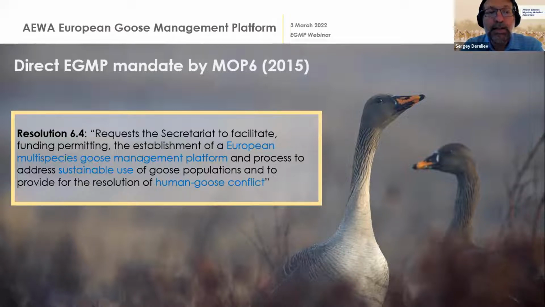And here we have an excerpt from that resolution, which requested the Secretariat to facilitate the establishment of a European multi-species goose management platform and a process to address sustainable use of goose populations and to provide for the resolution of human-goose conflicts. We already had 2 plans in place and there were 2 more in the pipeline, so it was only logical for the countries to cluster all of that under a coherent program.